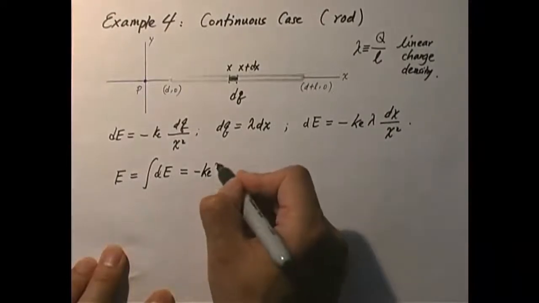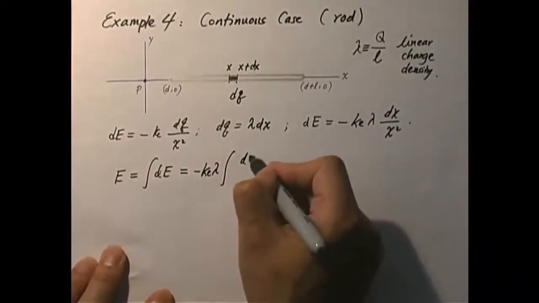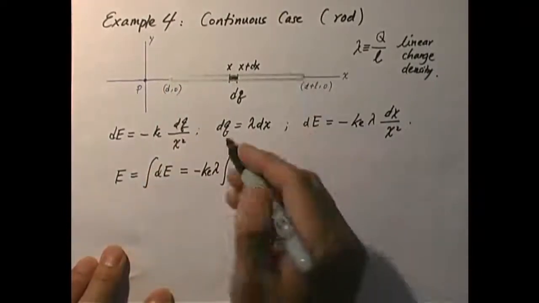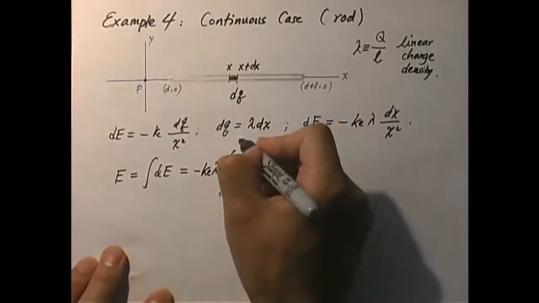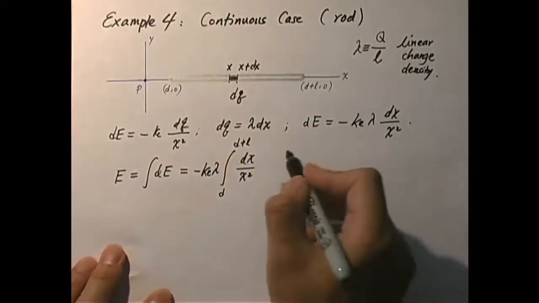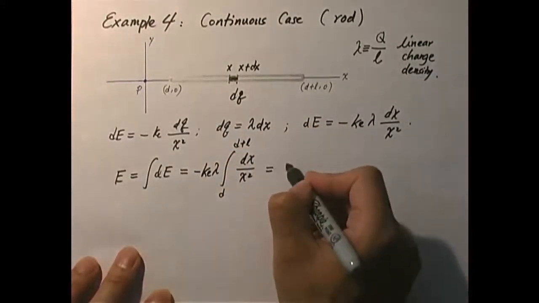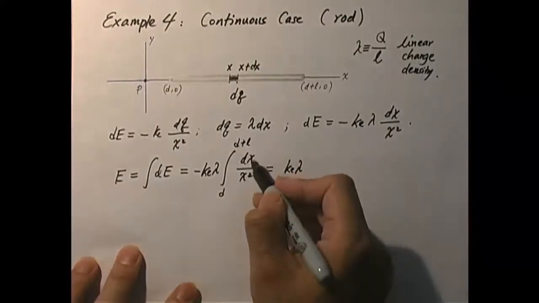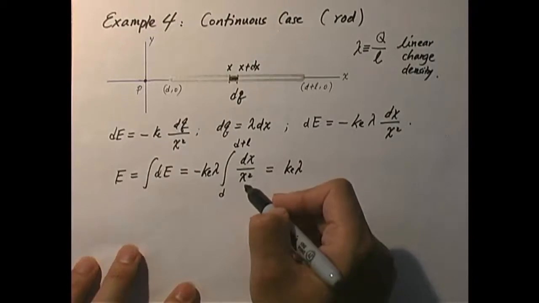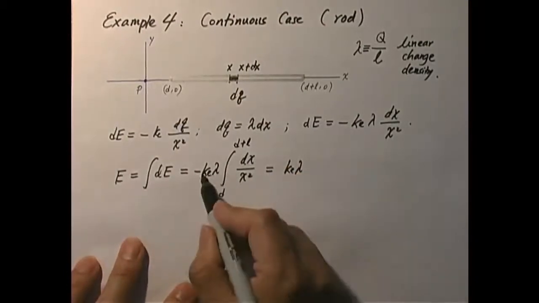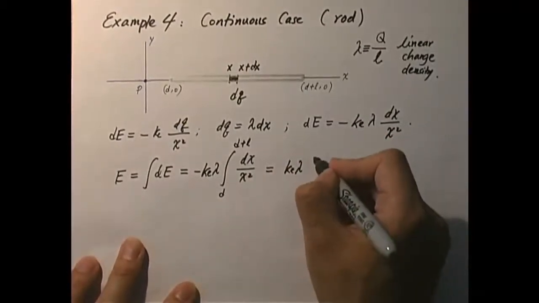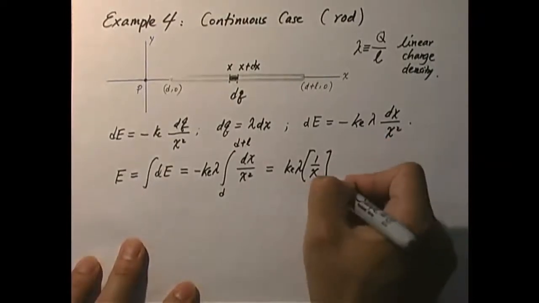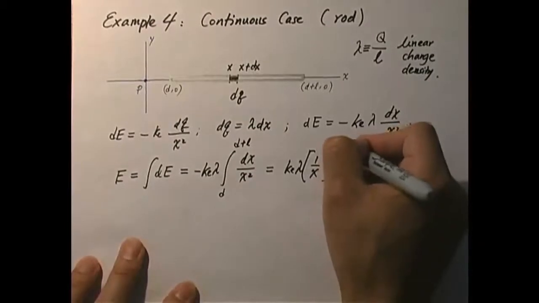Negative k lambda, integral of dx over x squared, again x goes from d to d plus L. It's an easy integral to calculate. k_e lambda. As you know, the integral itself will give you negative 1 over x, and the negative cancels with that negative sign, so it's just 1 over x going from d to d plus L.